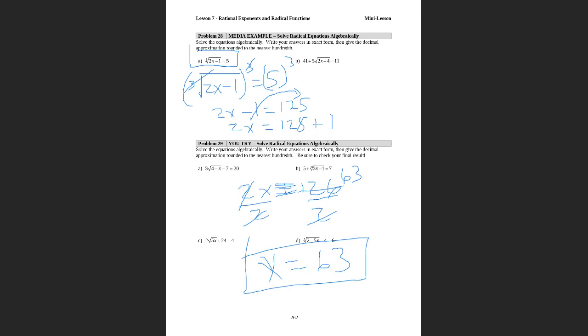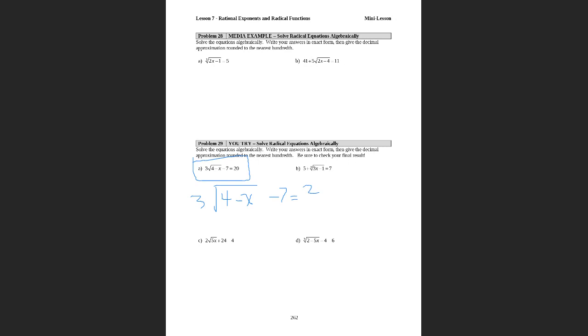Now, there's a media example, so I'm not going to do the next one. I'm going to come to the you try ones, okay? Now, this one here, if you have 3 times square root, well, the 3 is big, so it's not a cube root, minus 7.